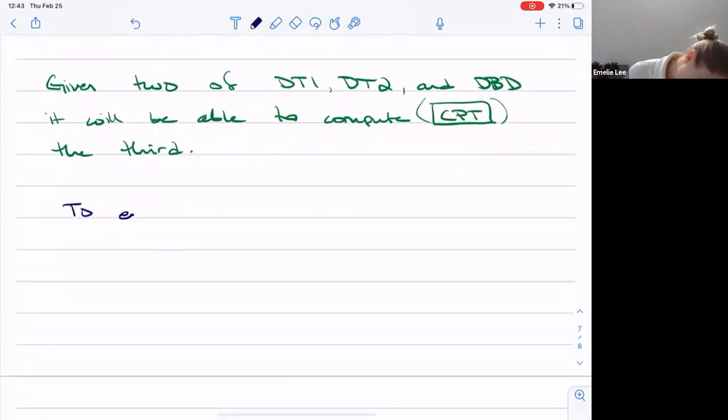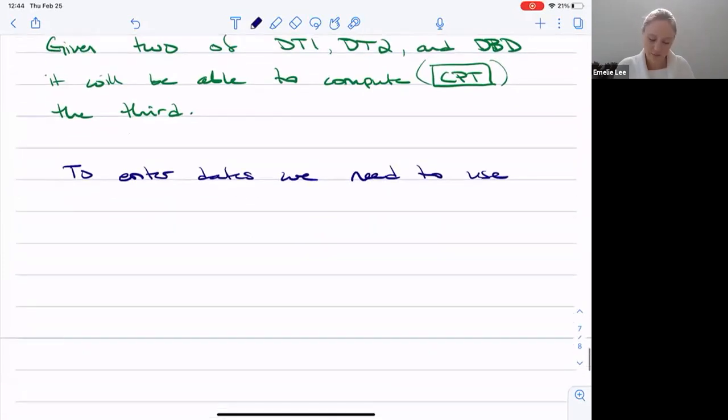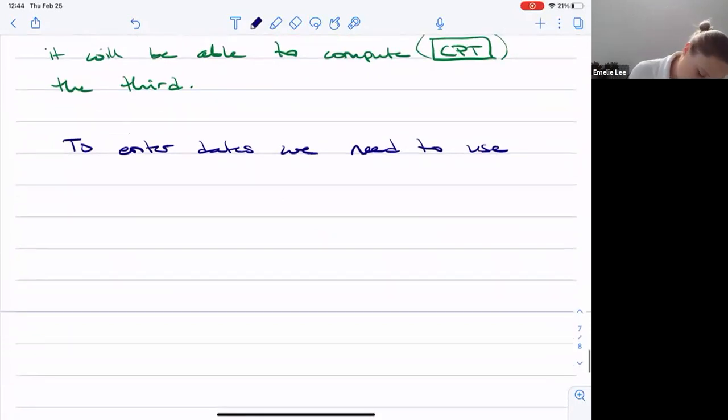To enter dates, we need to use the format, and it might be useful to add this to your formula sheet or your cheat sheet or whatever you have going on, because we're going to use the days between dates calculation quite a bit. So you'll need to know how to enter these dates, however you choose to memorize that. To enter dates, we need to use the format month, month, dot, day, day, year, year.